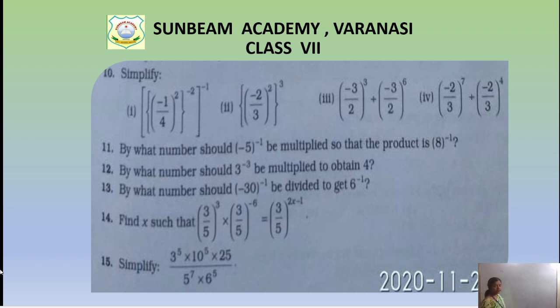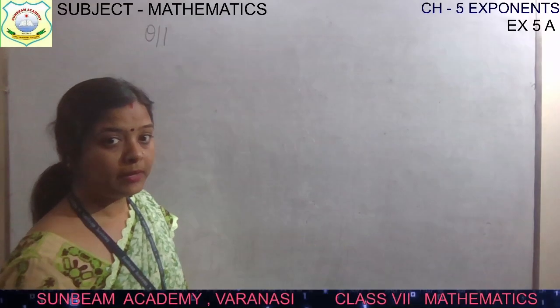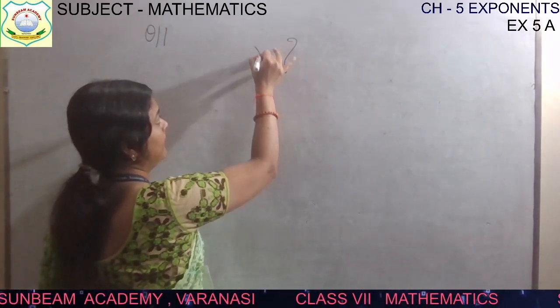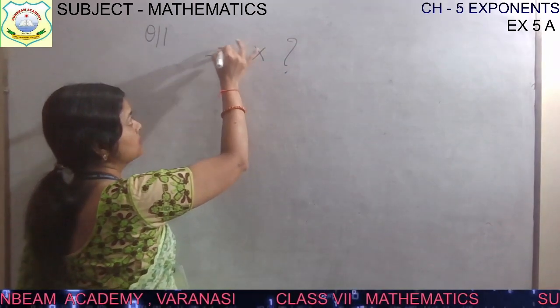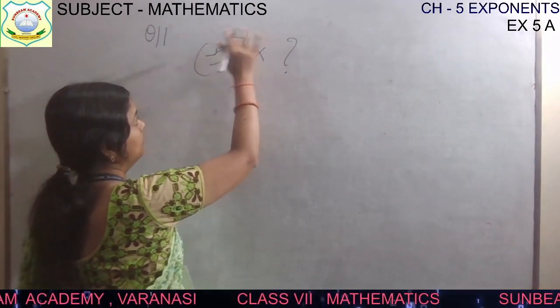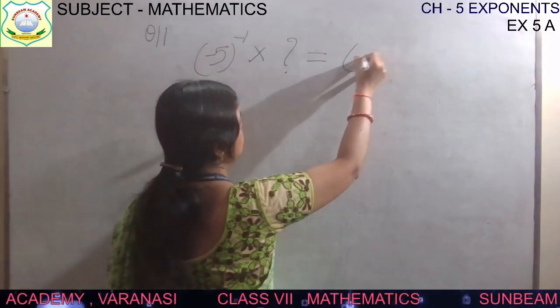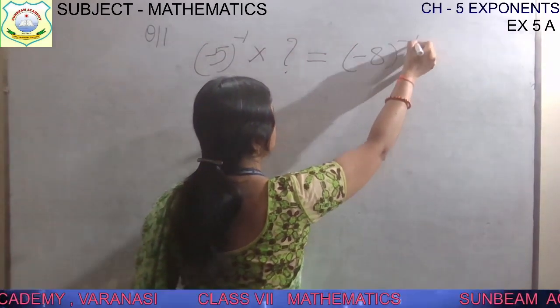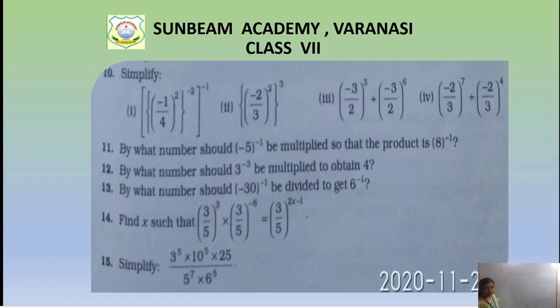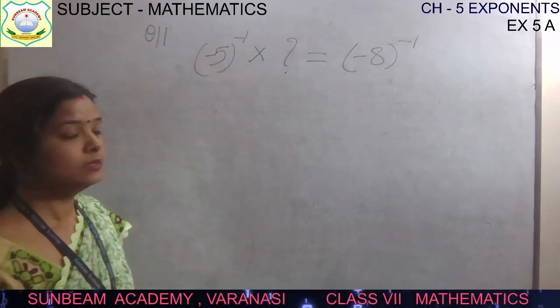By what number should minus 5 to the power minus 1 be multiplied to get minus 8 to the power minus 1? This is the question.